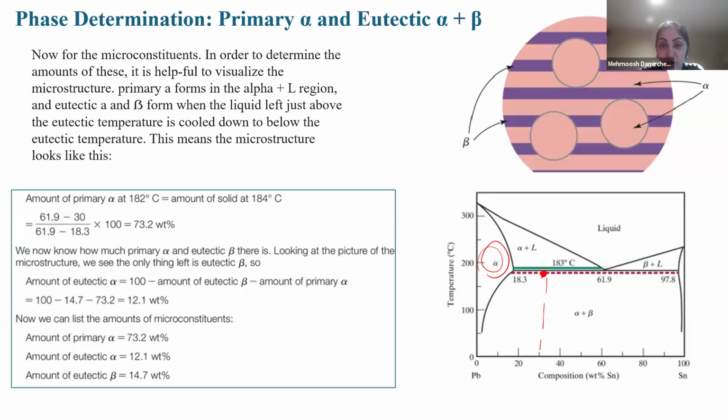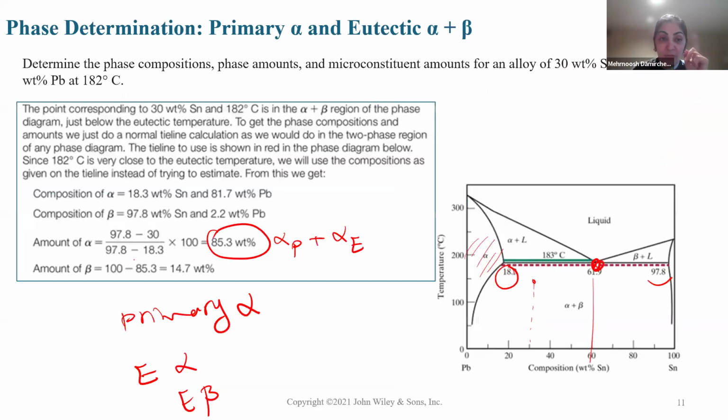Which side is far from primary? This side. It should be 61.9 minus 30 over the total. So it is primary alpha. We found that the total should be 100. For beta, we have only one beta, which is eutectic, so the weight fraction that we found for beta does not change: 14.7.